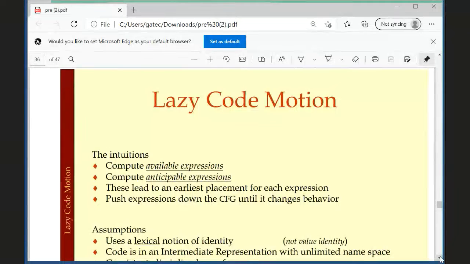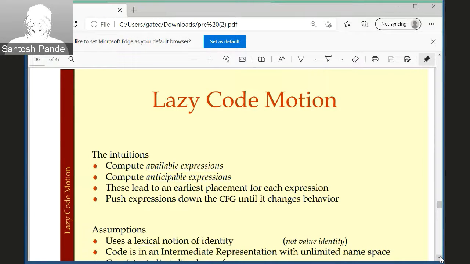So that analysis is a forward analysis. We'll find out about the availability and more importantly about non-availability of an expression, and use that to decide where the expression needs coverage.